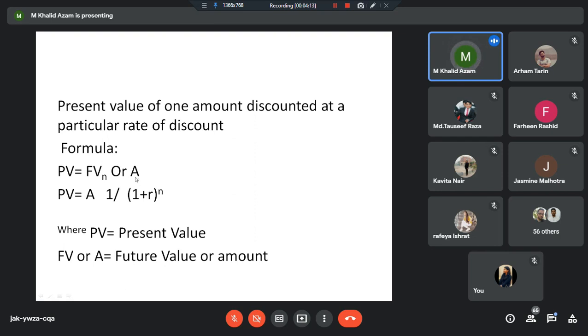So what you have to do in this case is discount this amount at a particular rate. So what will be the rate? I have already discussed. That rate may be the inflation rate. That rate may be the hurdle rate, whatever your company has decided about the investment. It may be the rate of interest you are paying for the money you have taken from a bank as a loan.